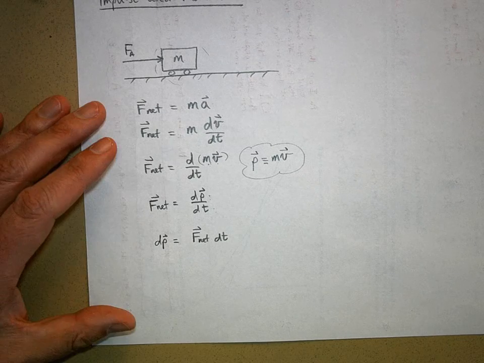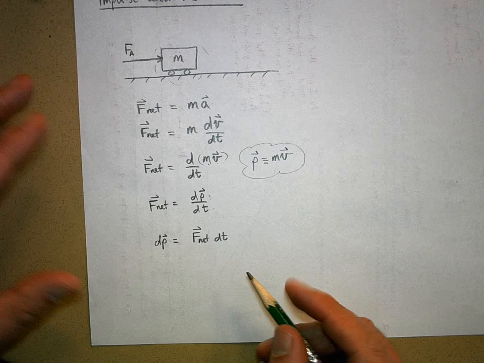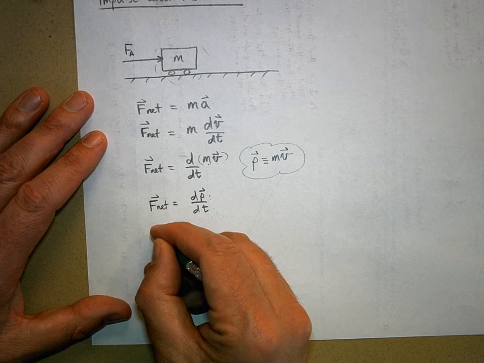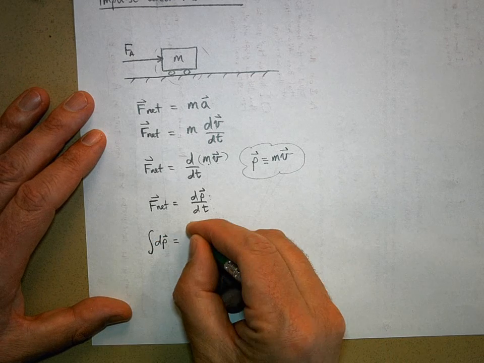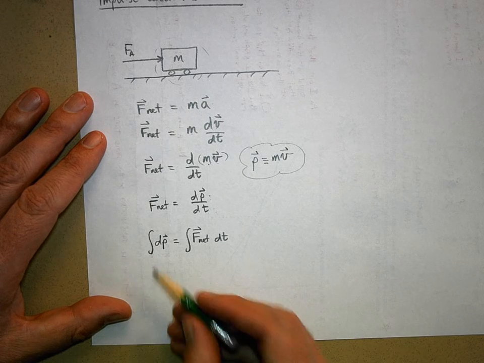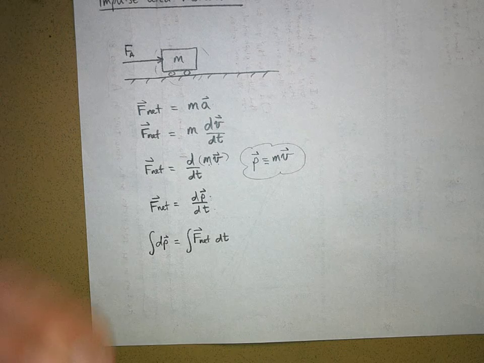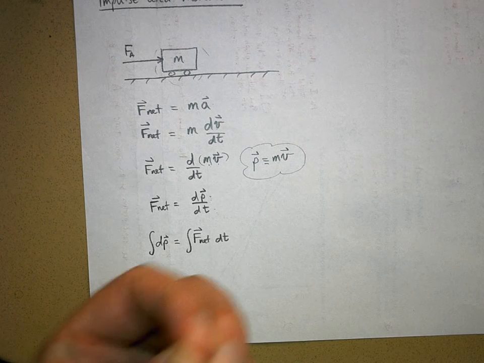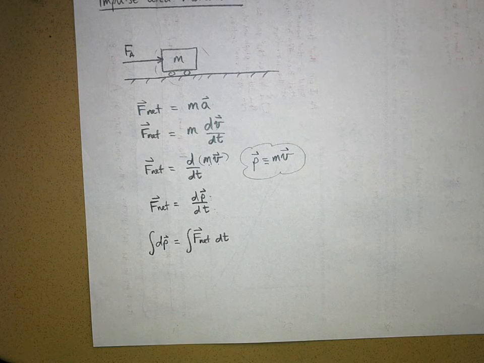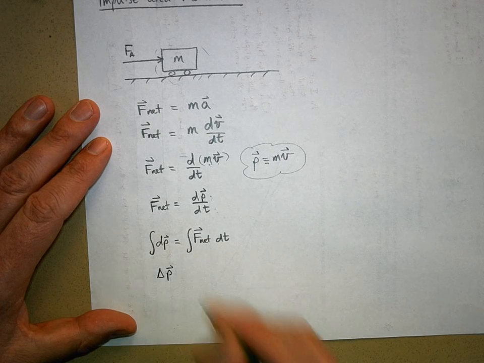Okay. And now this is a differential, so let's just integrate both sides. Now when I integrate this, when I add up all the little tiny changes in momentum due to my net force, I get the total change in momentum.